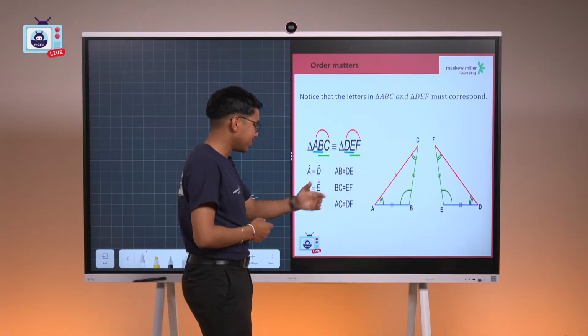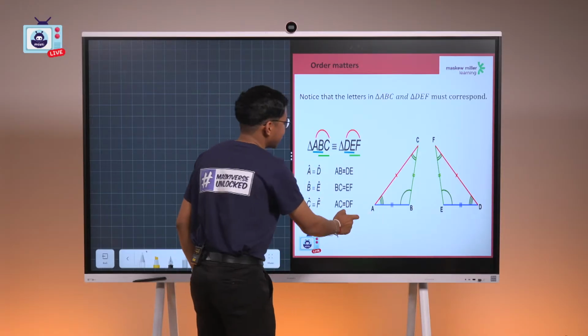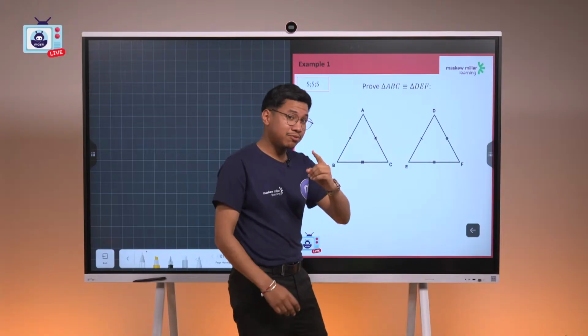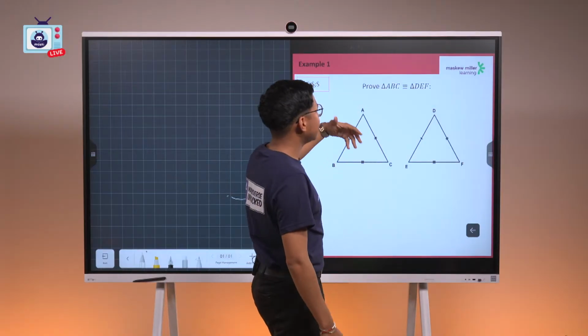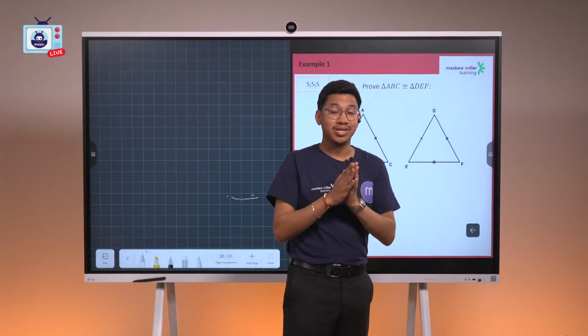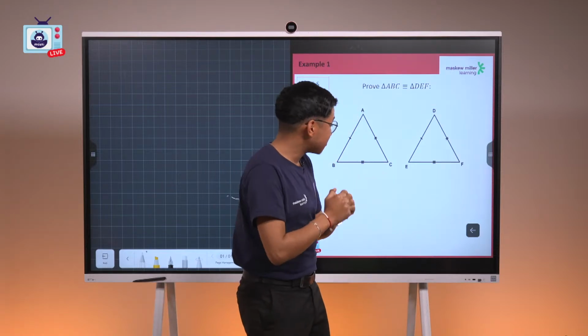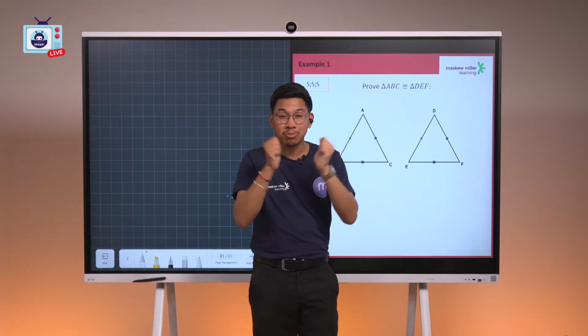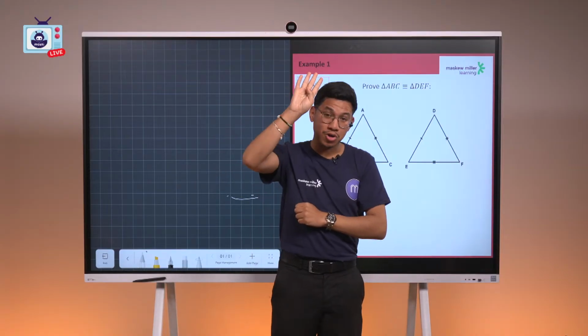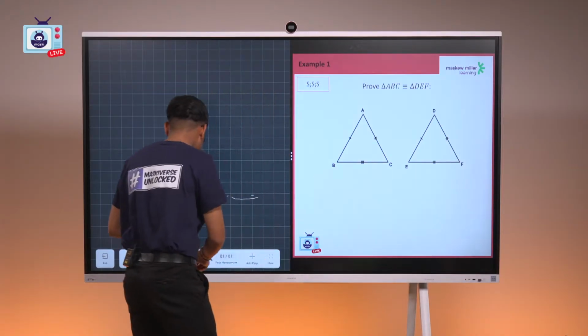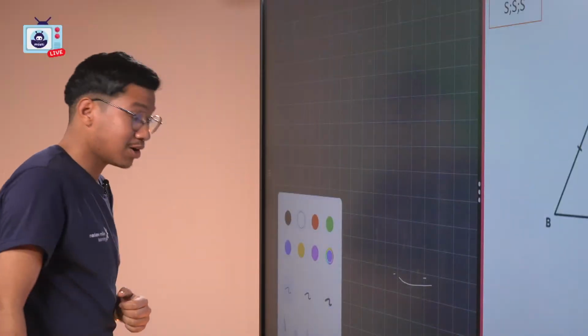And here we all have it in writing. Okay, let's get into an example. Example number 1 asks us to prove triangle ABC congruent to triangle DEF. Remember, before I solve this problem, what must be at the top of my head? The four cases, the four conditions of congruency. So how do I start?